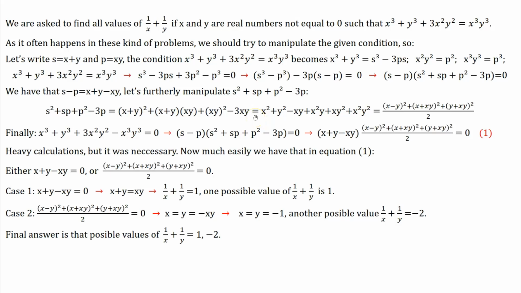So by doing the substitutions of what s and p represent, we will get, after doing some elementary multiplications and factorizations, that the given expression is equal to x squared plus y squared minus xy plus x squared y plus xy squared plus x squared y squared, which multiplied by 2 is equal to (x minus y) all squared plus (x plus xy) all squared plus (y plus xy) all squared, divided by 2 in order to have parity.